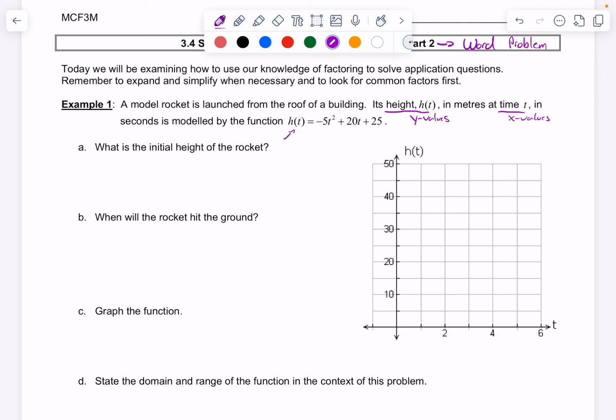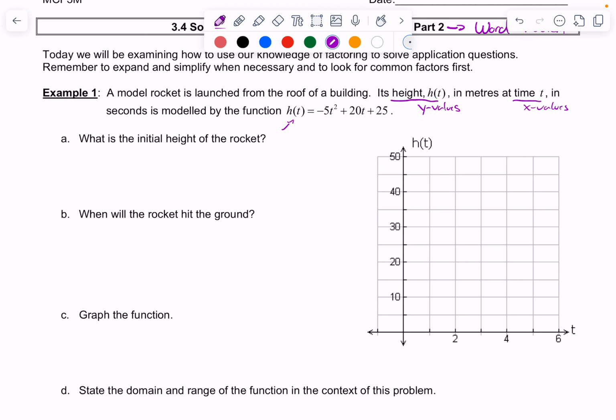So let's do 1a. What is the initial height of the rocket? Well, initial height says what is the height when t equals 0 seconds initially. No time has passed. Where does it start? So that means you are solving h of t when t is 0.